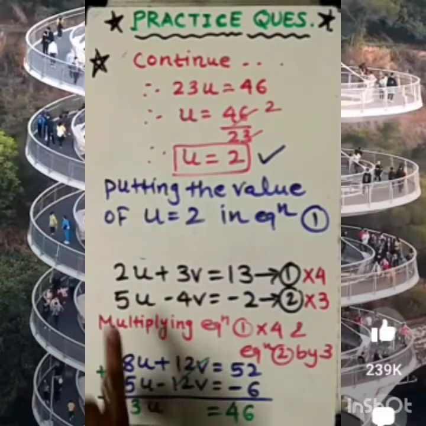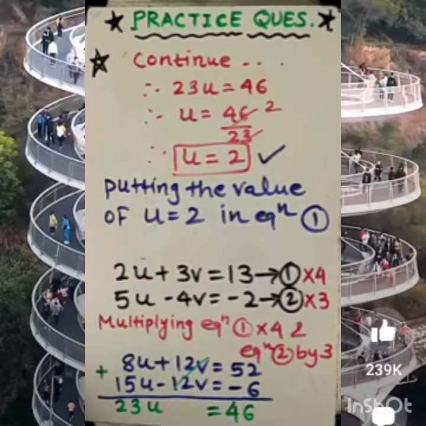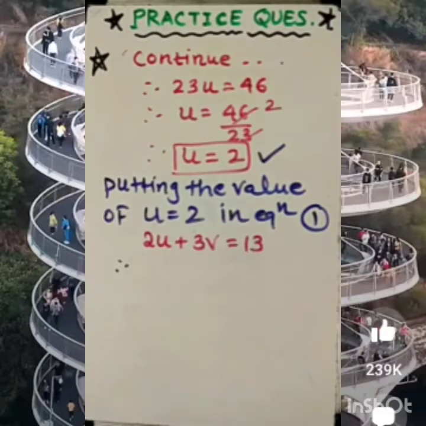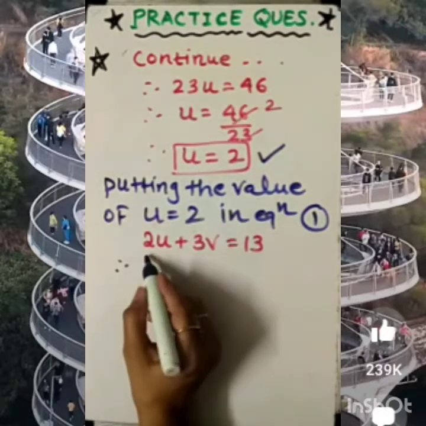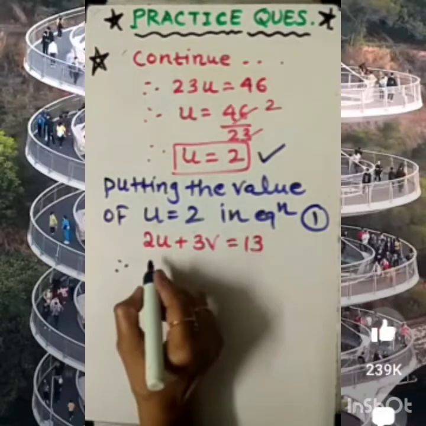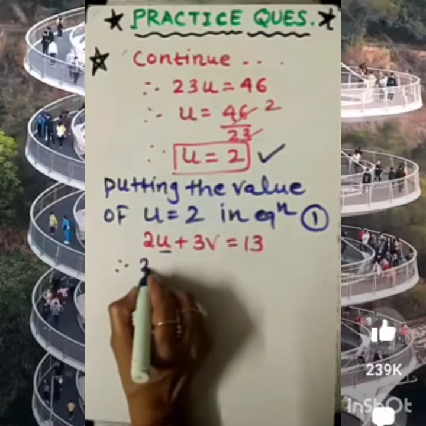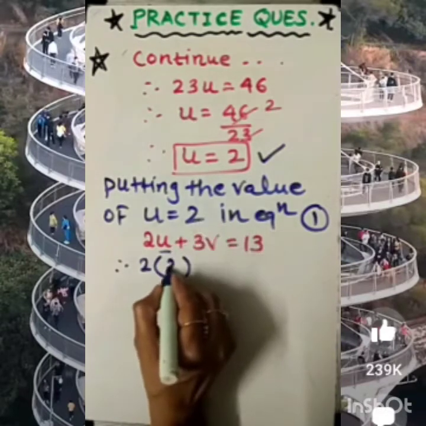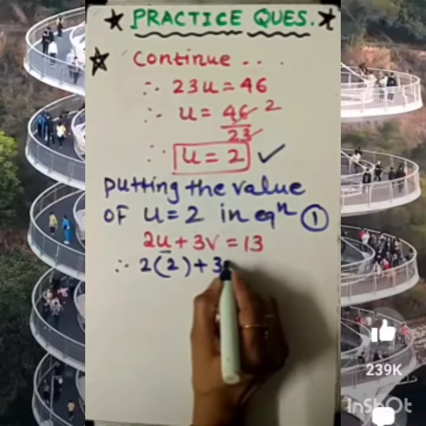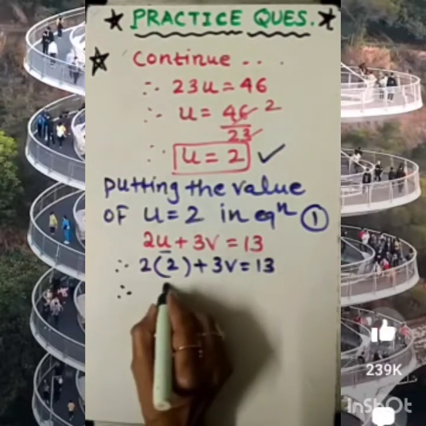In this equation, I am going to put the value. So see how to go with that. My dear student, the equation is 2u plus 3v equal to 13. In place of u, I am putting the value that is 2. So let's find what value of v comes.